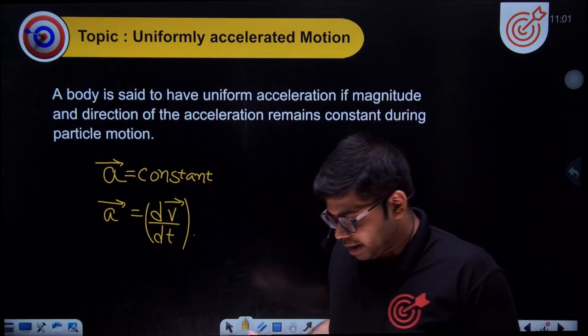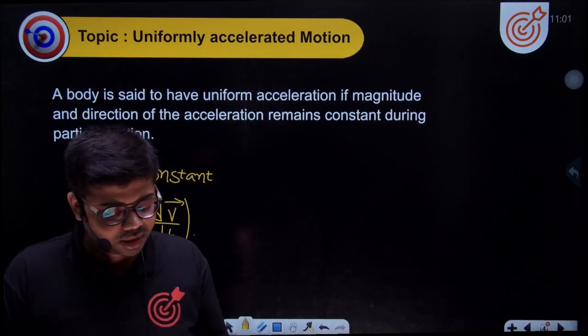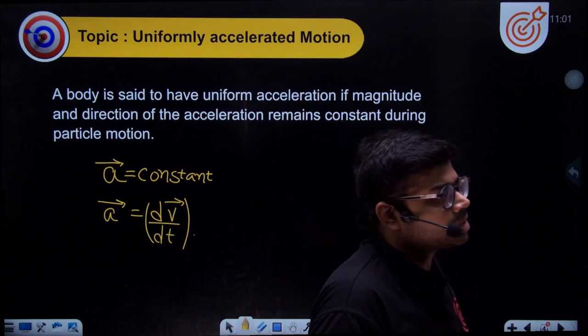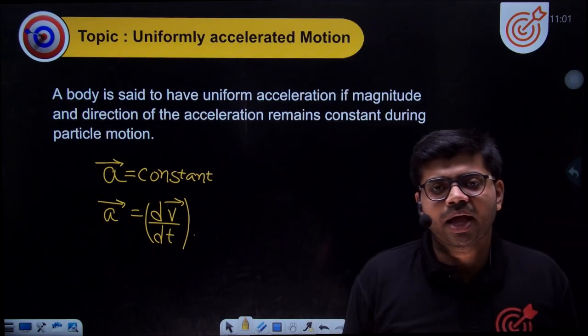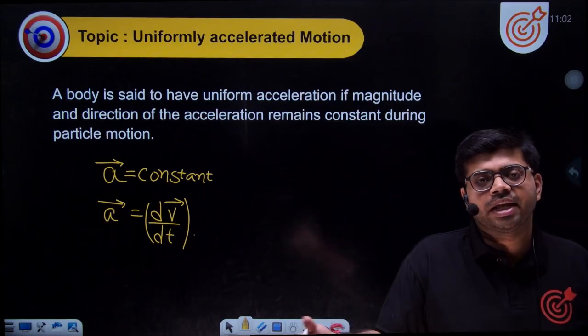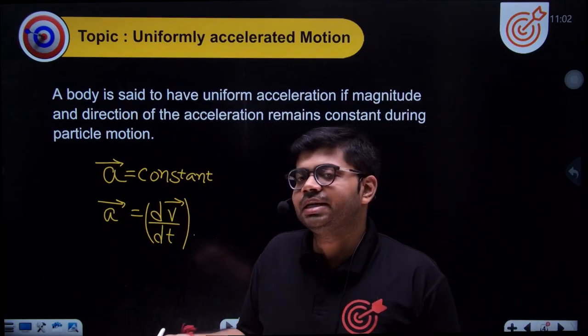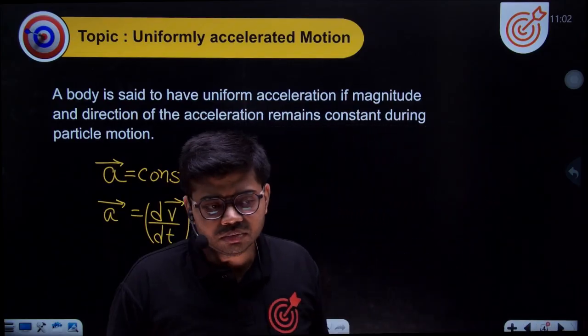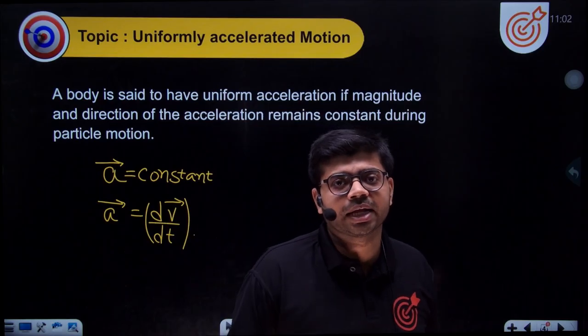Let me give you an example. Suppose initially I have kept a body at rest. So its initial velocity is u is equal to 0 meter per second.